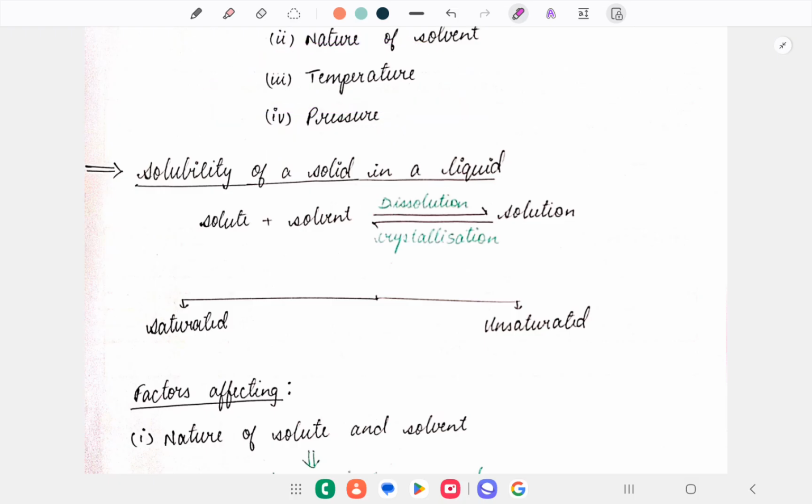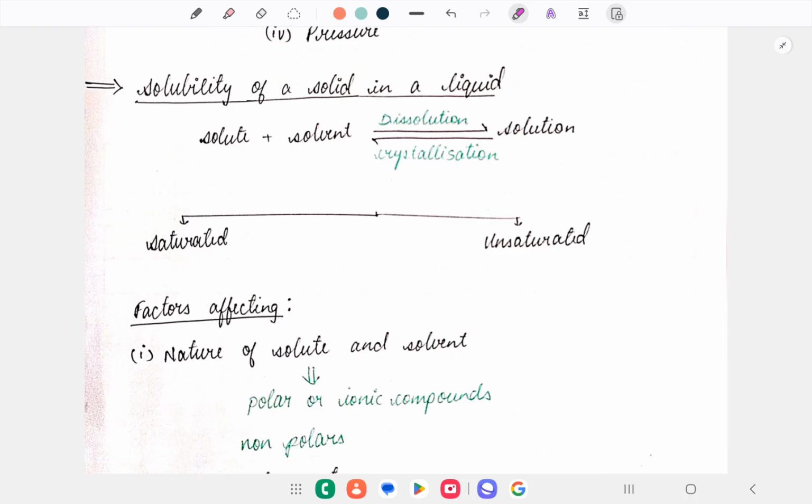Similar processes are followed when gases are dissolved in liquid solvents. The dissolving of solute in the solution continues until the solution attains a certain maximum concentration. Such a solution in which no more solute can be added at a given pressure and temperature is known as a saturated solution.